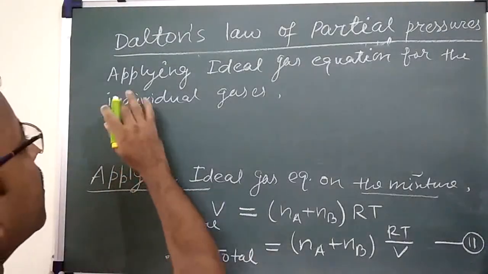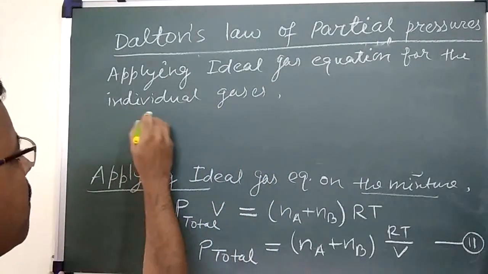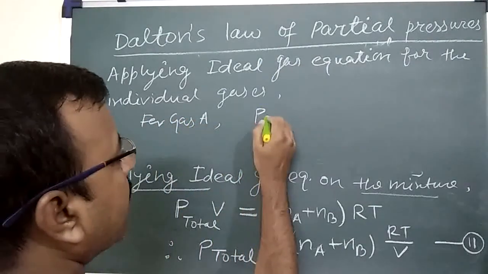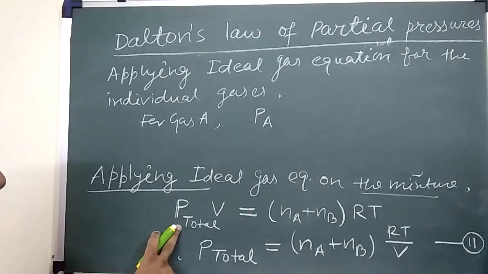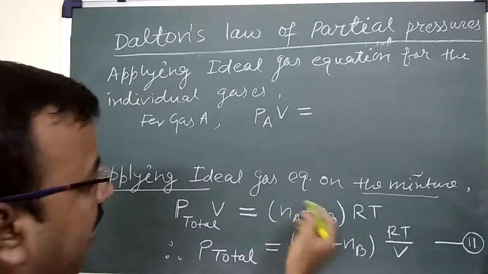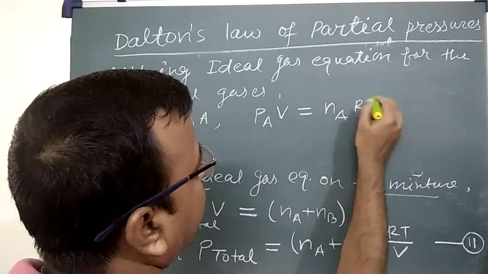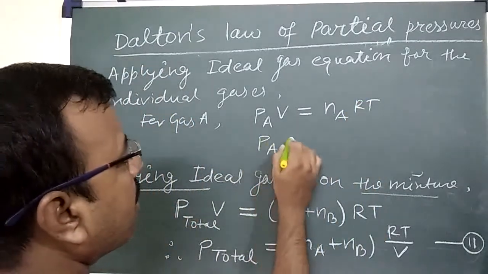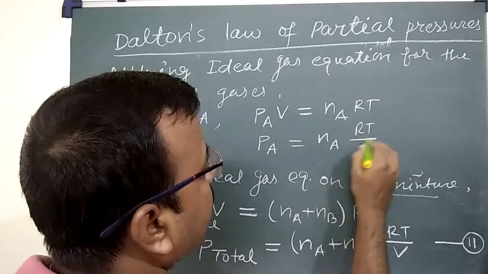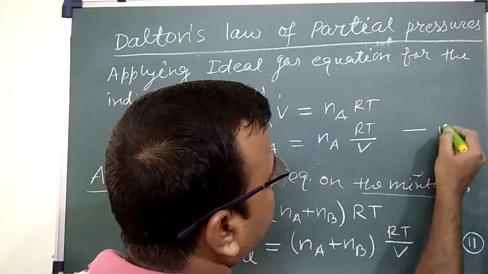So here you see, applying the ideal gas equation for gas A. What is the partial pressure? PA. Pressure of gas A is PA. Volume is constant. PV is equal to nRT, where Na is the number of moles of A. So we can write PA is equal to Na RT by V. Equation 3.